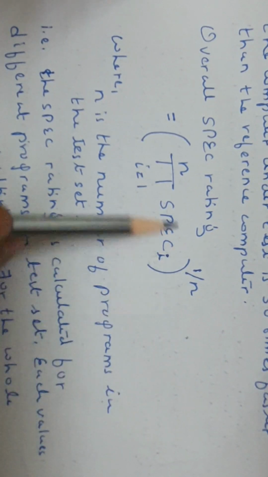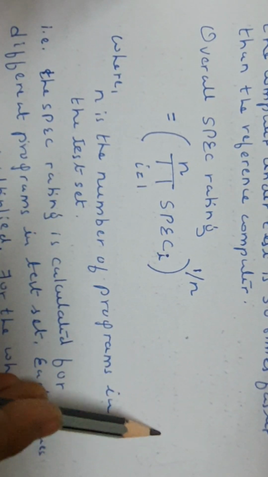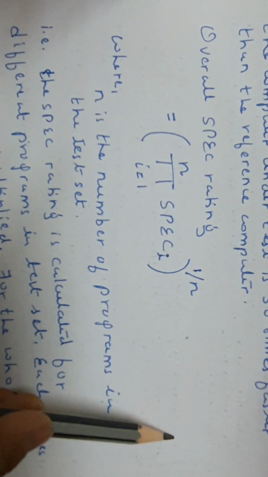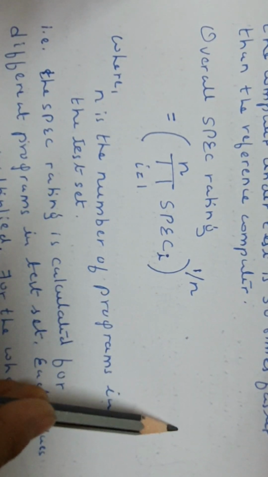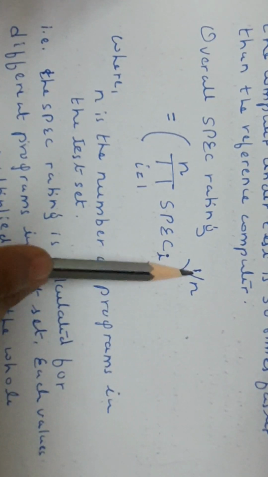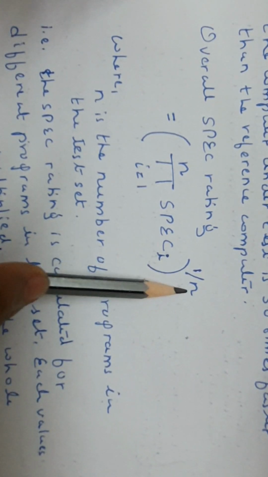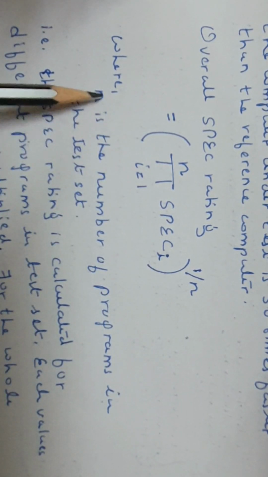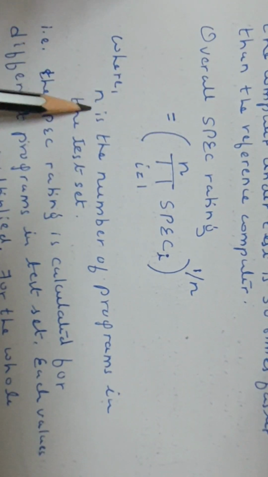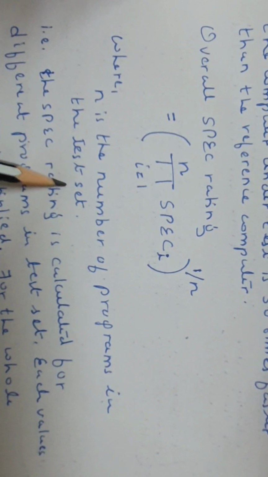Like this for all the 10 programs, 10 values are calculated and noted, and all the 10 values are multiplied, that is the product, to the power 1 by n, that is 1 by 10 here. What value we get is called the overall SPEC rating, where n is the number of programs in the test set.